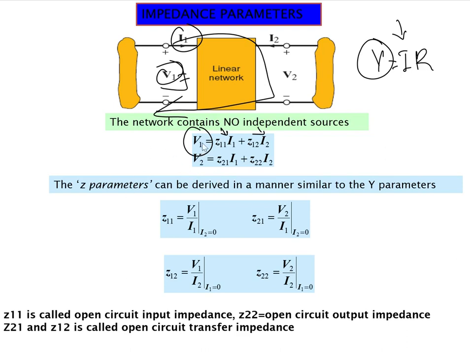This is 1 and this is 1, because V by I is equal to Z, so this is Z11. If V is 1 and I is 2, this is Z12. So Z12 is V1 by I2. So this is the 12 impedance.